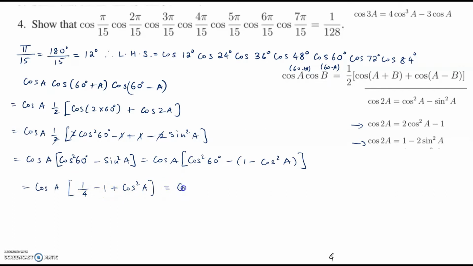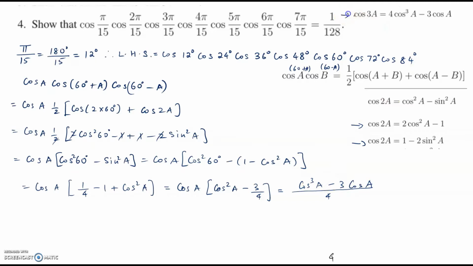So this is equal to cos A into cos squared A minus 3 by 4. Further, taking the cos A inside, this becomes cos cube A minus 3 by 4 times cos A.